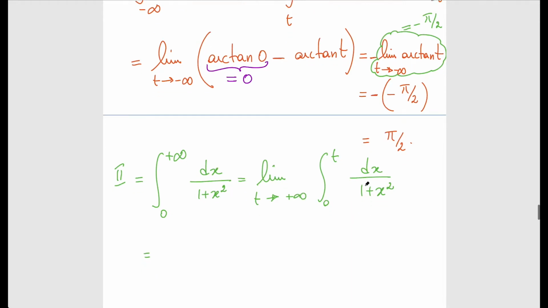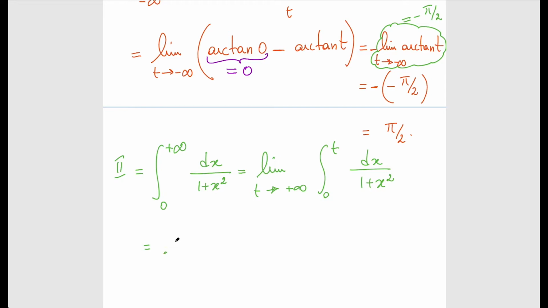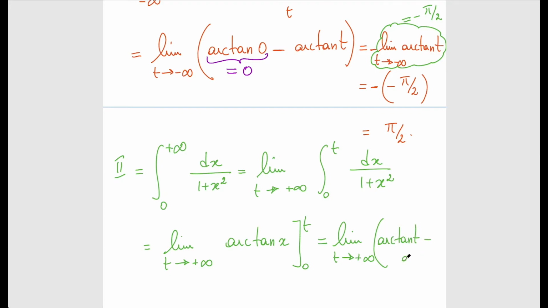This is arctan of x. So the limit as t goes to plus infinity of arctan of x taken between 0 and t, which is arctan of t minus arctan of 0.